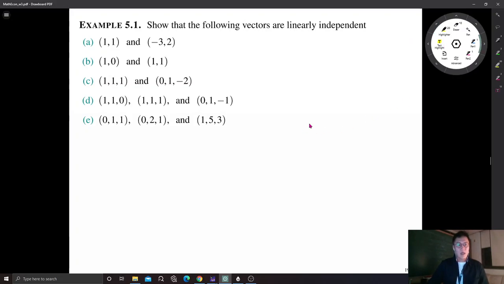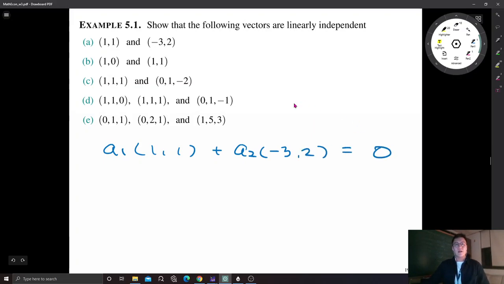We have to examine whether there exist two scalars, a sub 1 and a sub 2, such that the linear combination of these two vectors is equal to 0. If there is a way to make this equation hold, then these two vectors are linearly dependent.